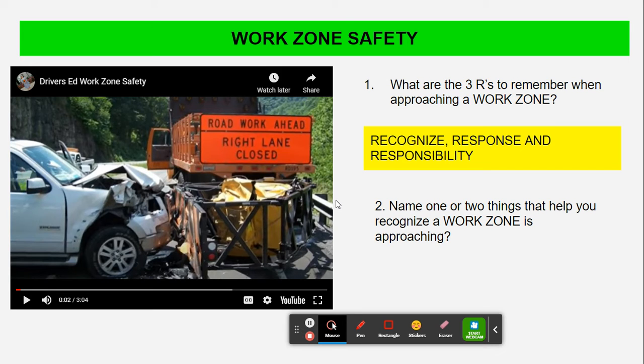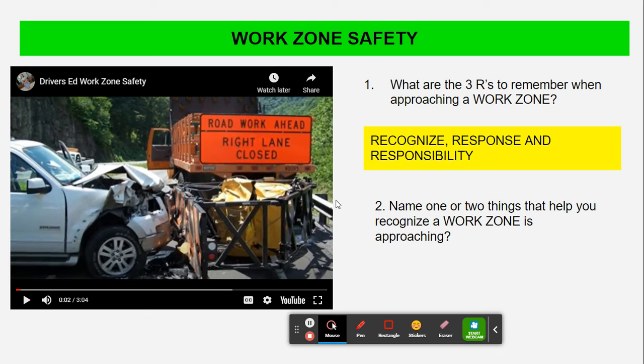These are consequences that are not worth whatever got you there in the first place, like being distracted or just not following the speed limit, not being observant. Okay, so let's go on to number 2.